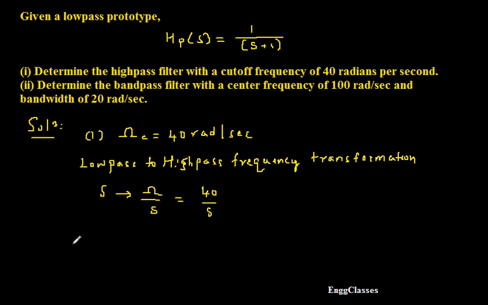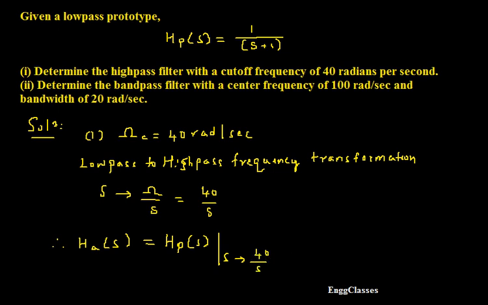The task is, therefore, HA of S, this is the transfer function of the required filter, is equal to HP of S. This is the transfer function of the prototype low pass filter. In this expression, I need to replace every S with 40 divided by S. Is that correct?